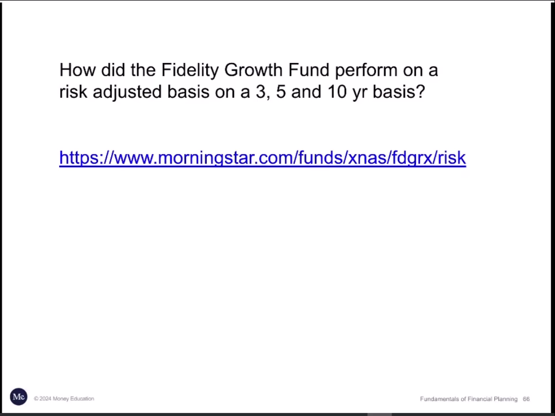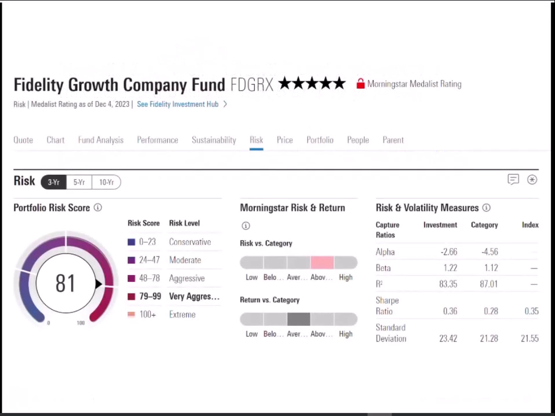If you were to look at some of this information, like if you go to this website for Fidelity, one of the largest mutual fund companies, here's just one fund called the Growth Company Fund. And it has all these metrics over here: alpha, beta, R squared, Sharpe, standard deviation. We've talked about all of those. And it compares the mutual fund to the rest of the competition, if you will.